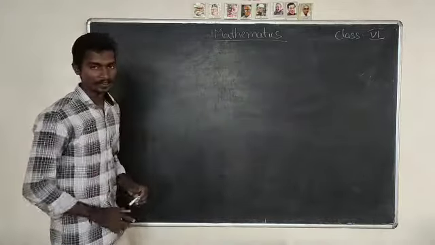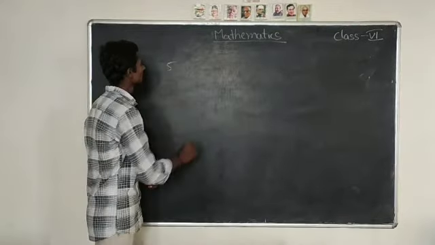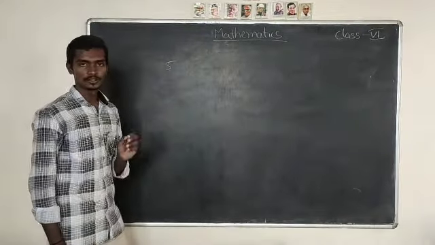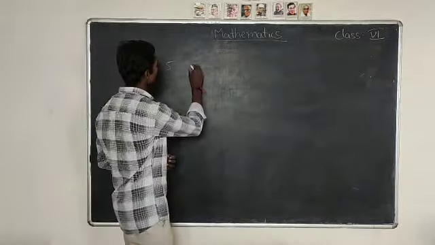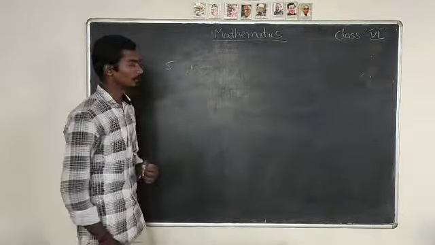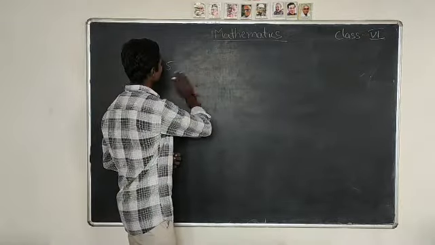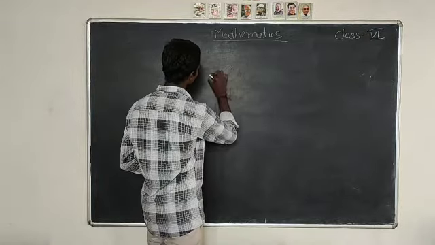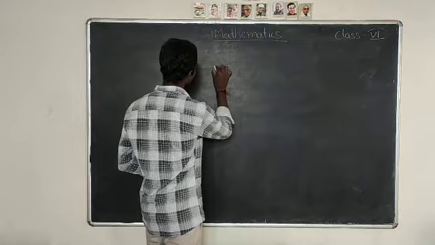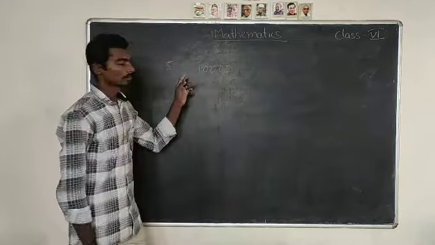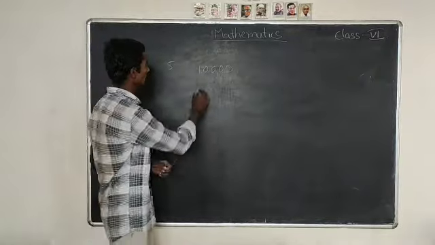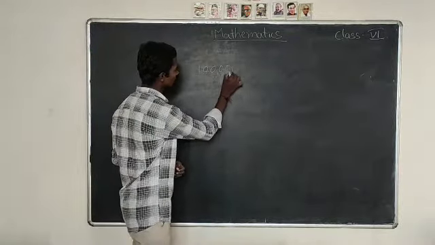Now with these many digits, that is 5 digits, which is the number with the lowest value, that is the lowest value 5-digit number? This number has got 5 digits, right? 1, 2, 3, 4, 5.